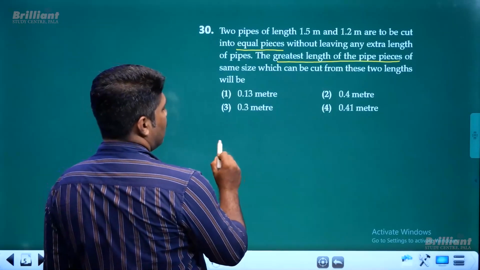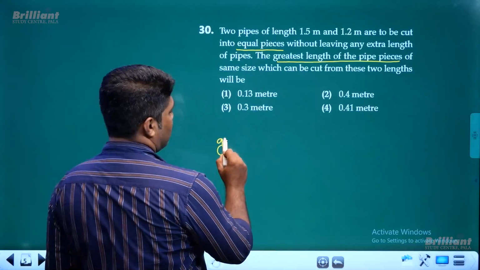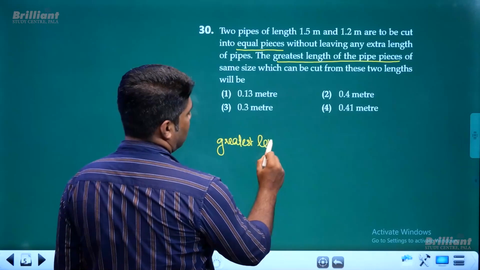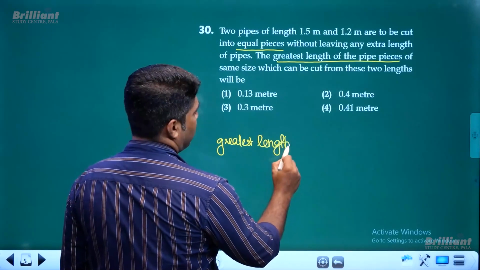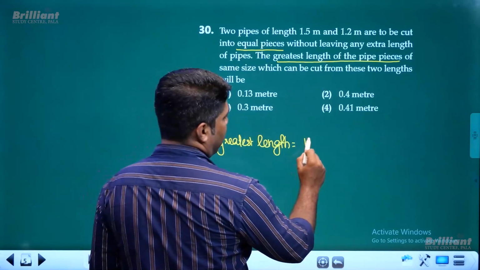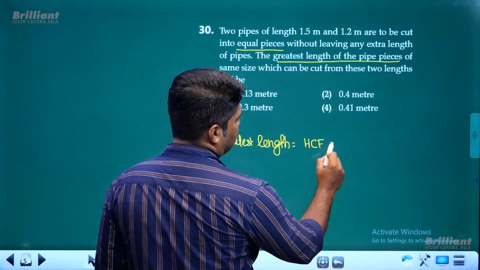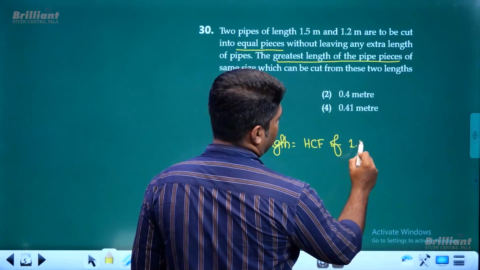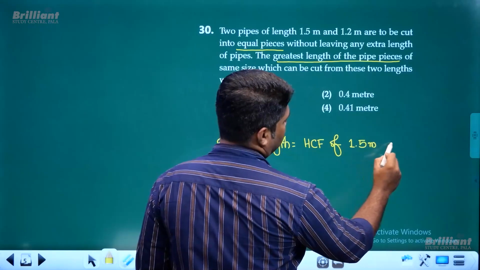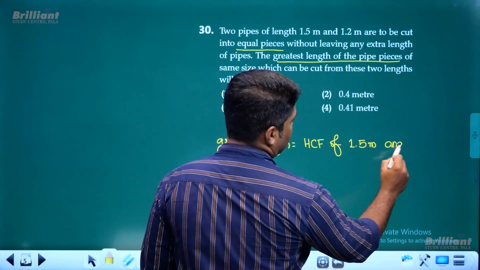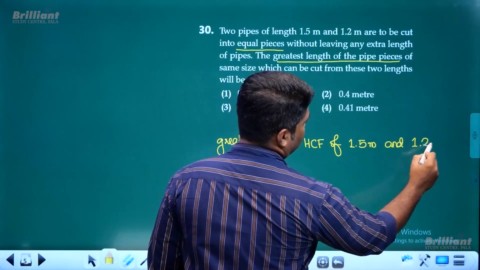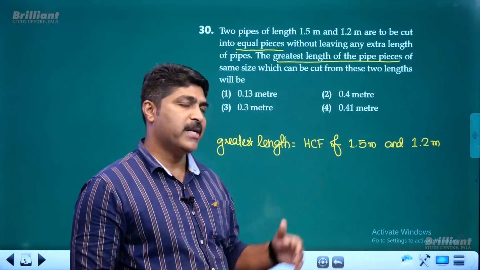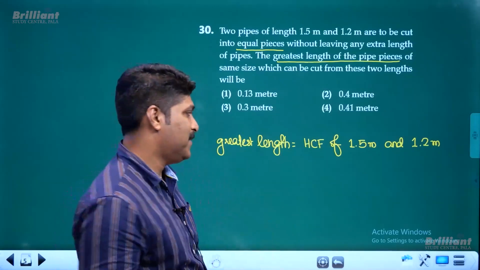So the required length, or the greatest length of such pipe, is nothing but HCF of 1.5 meter and 1.2 meter. Clear?